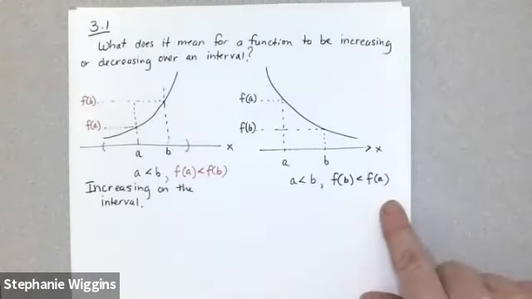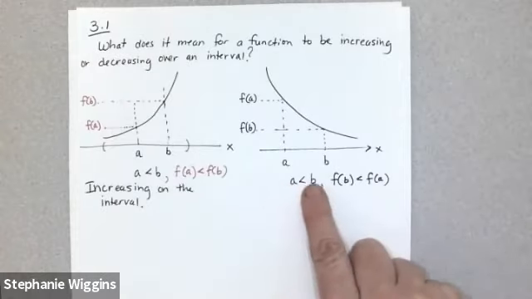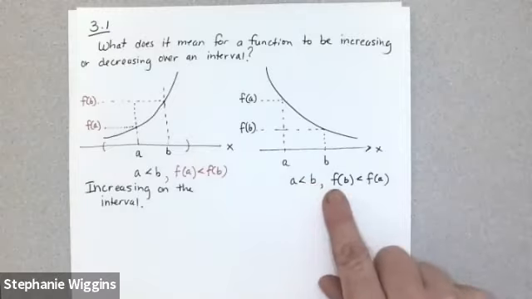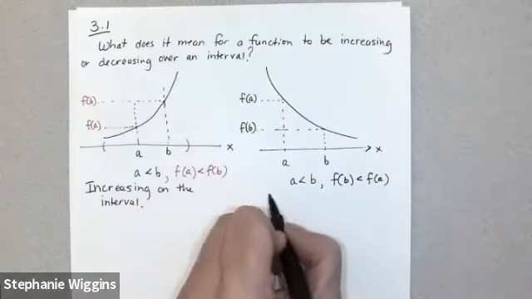When you have this situation, where you have two points, A and B, A is less than B, however f of B is less than f of A, then that's a decreasing function.